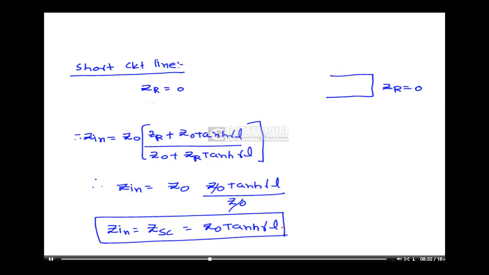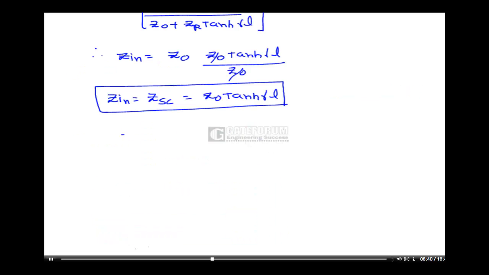Now do one thing. Multiply the open circuit impedance with the short circuit impedance.